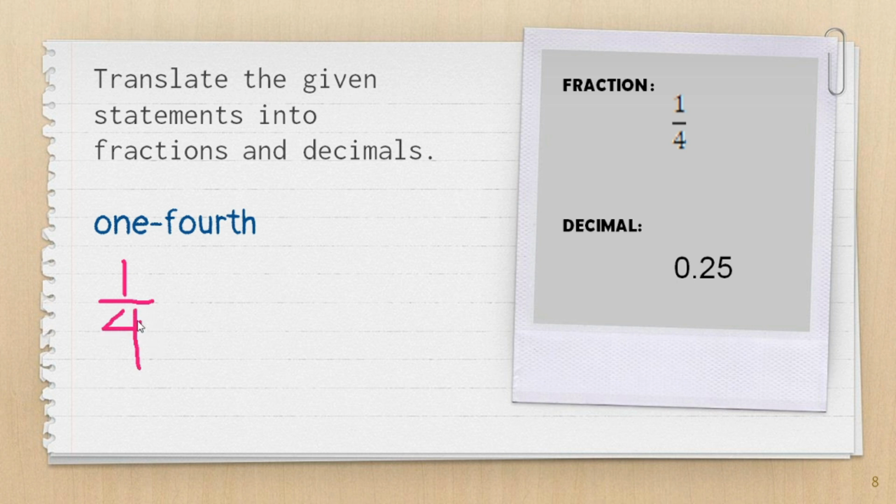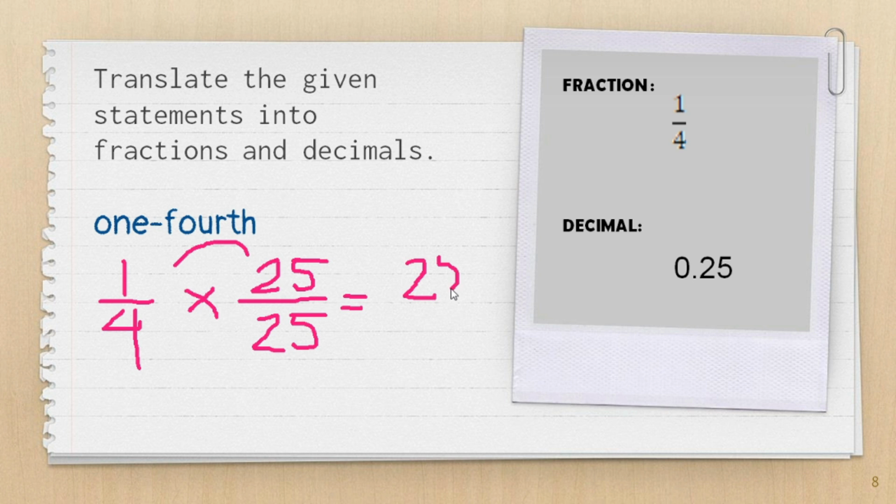Tingnan natin. Si 4 ba ay may times kang number para maging 10? Wala, di ba? Paano naman kung maging 100? Meron. 4 times 25. So, di ba? 25 times 4, that's 100. So, ibig sabihin, ita-times natin pareho kay 25. So, 1 times 25, that is 25.